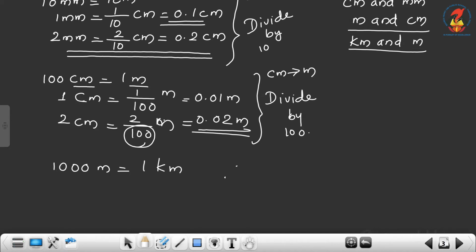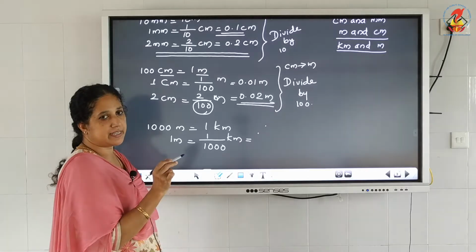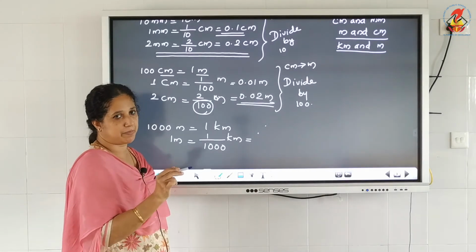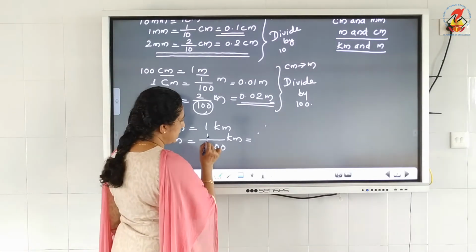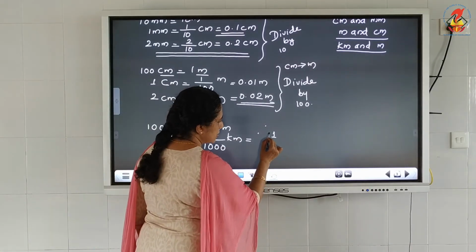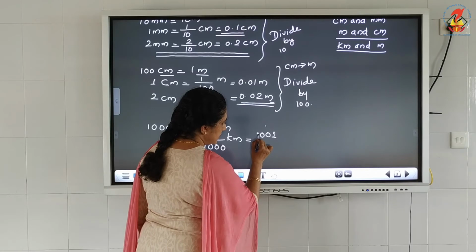That means 1 kilometer equals 1000 meters. Therefore 1 meter is equal to 1 by 1000 kilometers. After 1 there are 3 zeros, so we have to get 3 digits in the decimal part. Here we already have 1 digit, so we have to put 2 zeros and then the decimal point.